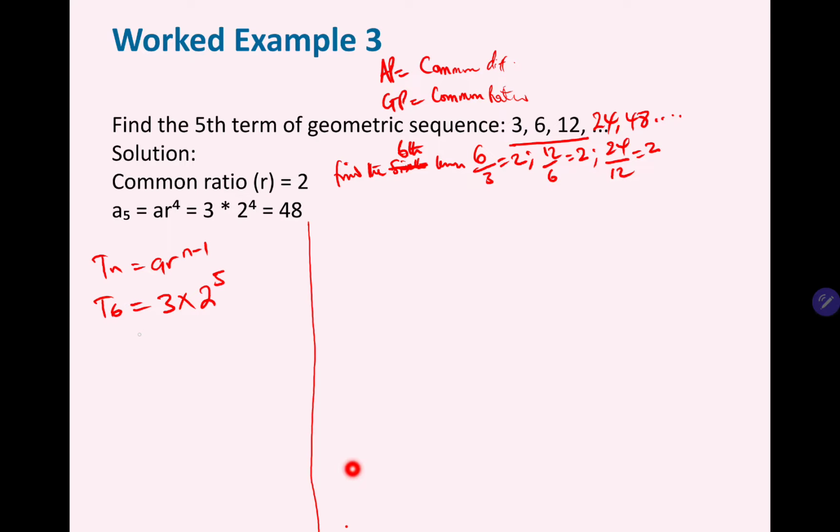All right, so 2 raised to power 5 is what? Remember, in our indices, 2 raised to the power 5 is not 2 times 5. Please, if you've not seen our class on indices, please do well to go back and look at our lectures on indices, because maths is linked to each other.